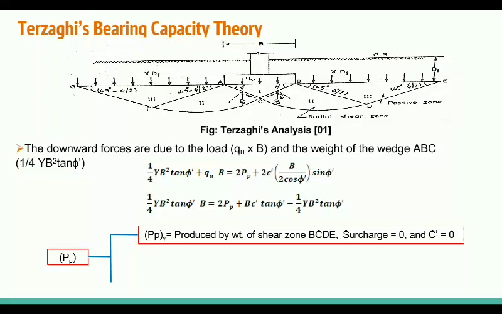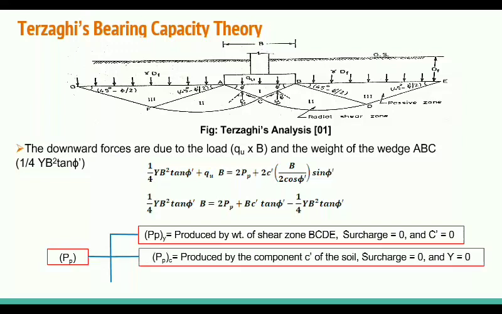The second is denoted by PPC, where C means cohesion. This is produced by the component C dash of the soil, by taking the assumption that surcharge is 0 and the soil is weightless, meaning gamma is 0.